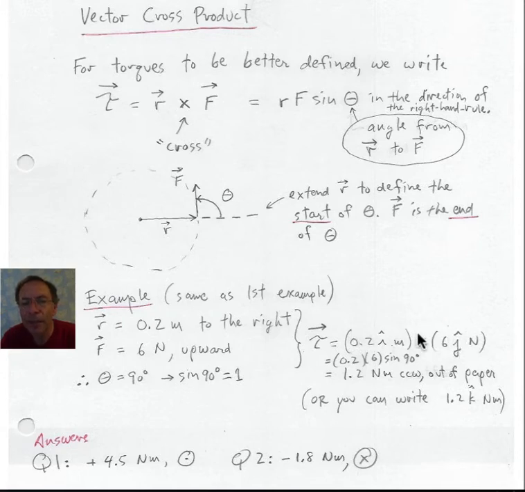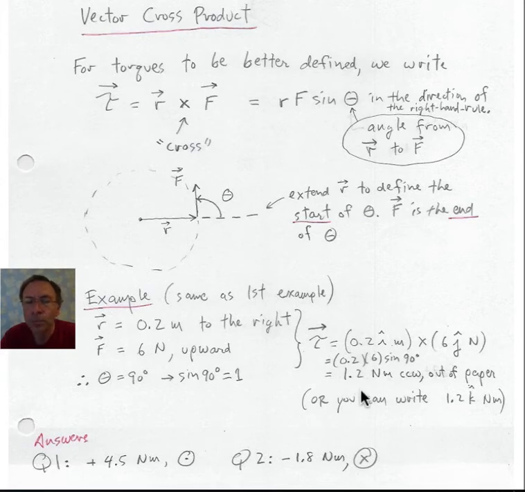So it's this vector crossed with that vector. There's a process to setting up the cross product that looks like this. I'm not getting into it at this point. Once you've written that out, we can say it's 0.2 times 6 times the sine of 90 degrees and get our answer.